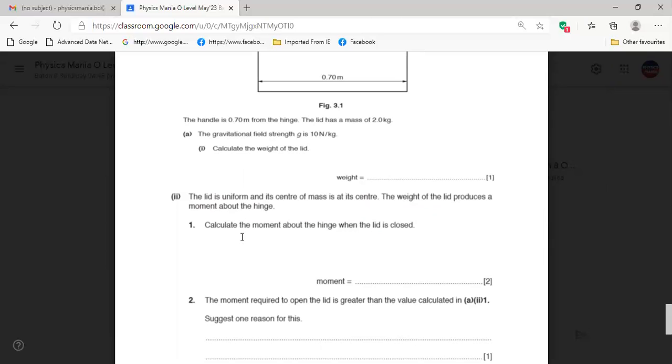Then... Yes, sir, I'm writing. Are you annotating?